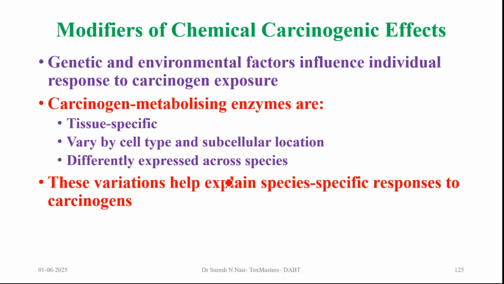Okay, because the carcinogen metabolizing enzymes, or the agents capable of converting the procarcinogen to carcinogen, will be tissue specific, and they will vary by cell type and subcellular location, and they will be differently expressed across species. So these two are the reasons for intra-species variations, whereas this is the reason for inter-species variation.